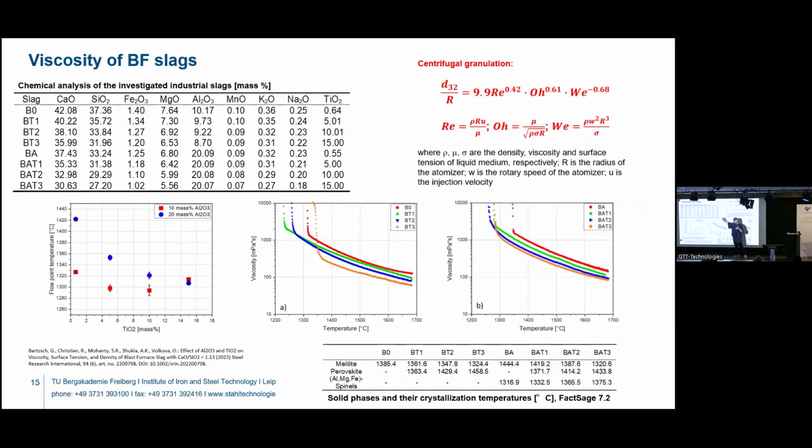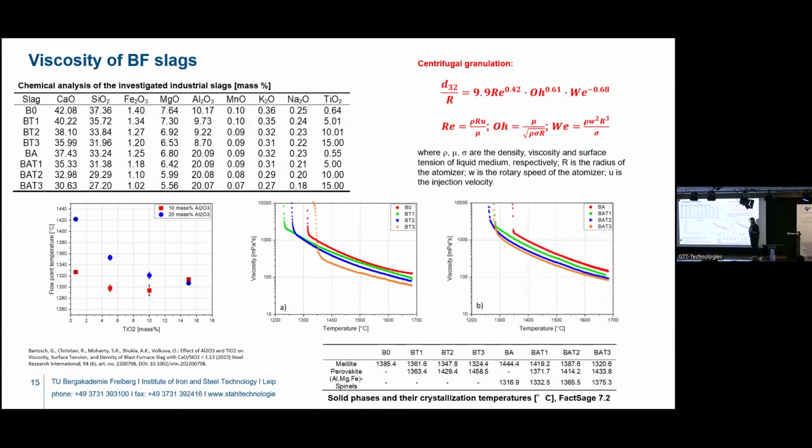Blast furnace slag. B0 is from Germany, what we now have. We use in Germany iron ore from Brazil, Sweden, and Canada, and so in our BF slag in Germany today we have 10% of alumina and titanium oxide less than 1 mass percent.